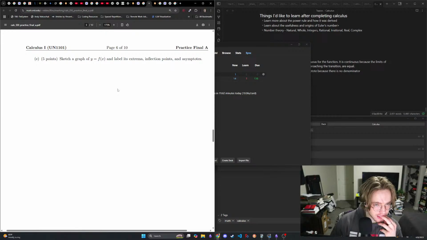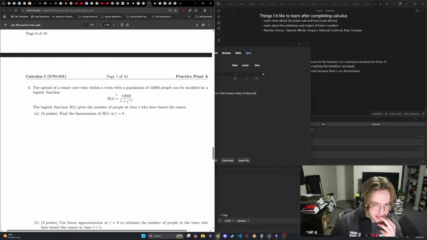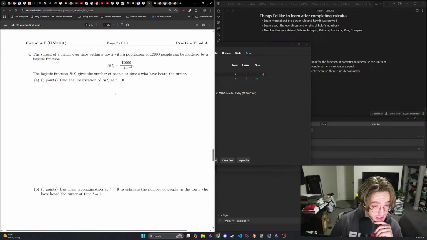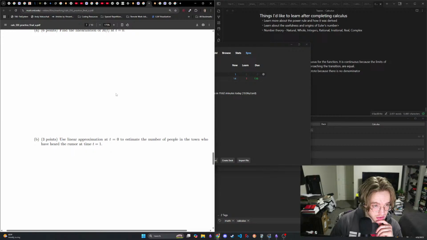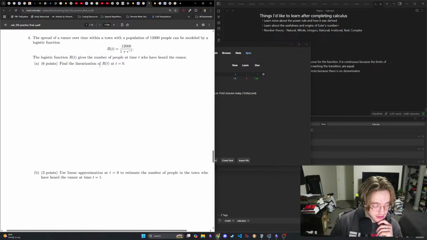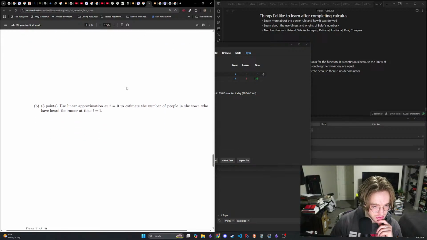Okay, and then this one's about find the linearization. Okay, it looks like we're finding the slope of the tangent line there. I think that's what they mean by the linearization.